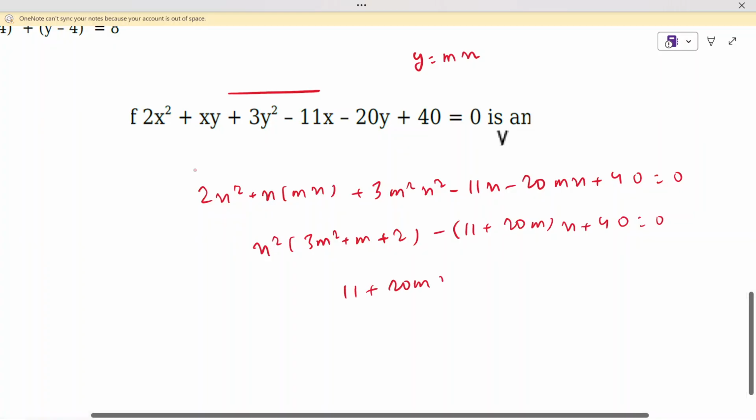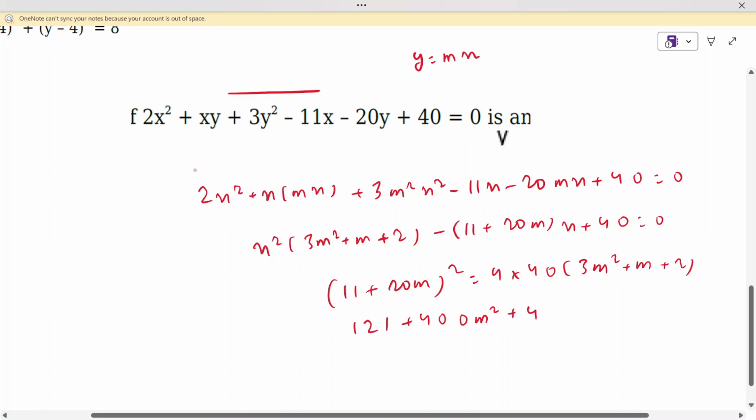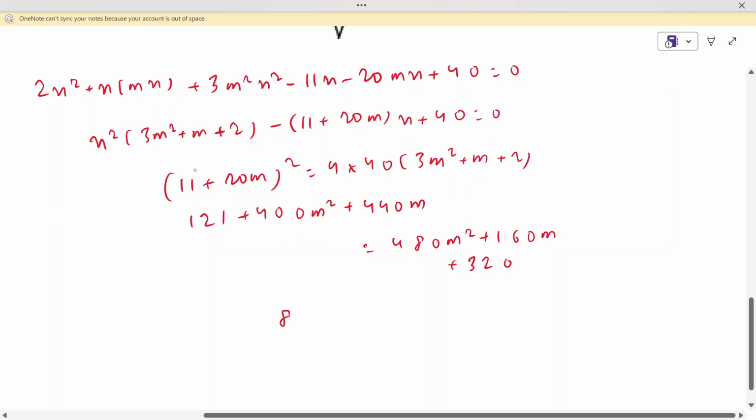So (11 plus 20m) whole square is equal to 4 into 40 into (3m square plus m plus 2). So 121 plus 400m square plus 440m should be 160 into 3, 480m square, plus 160 into m plus 320. So I'm getting 80 m square, 160, 440, and 160, 8, and this will be 3 minus 1, 2.